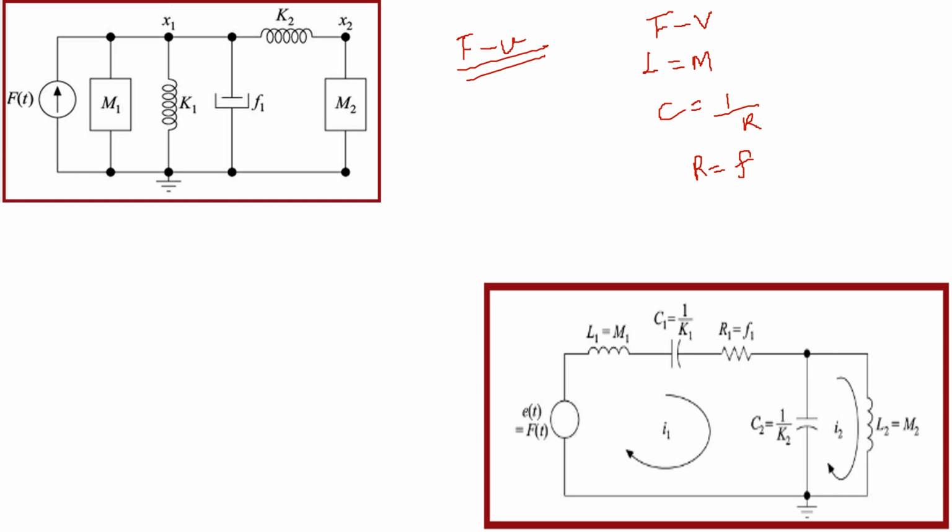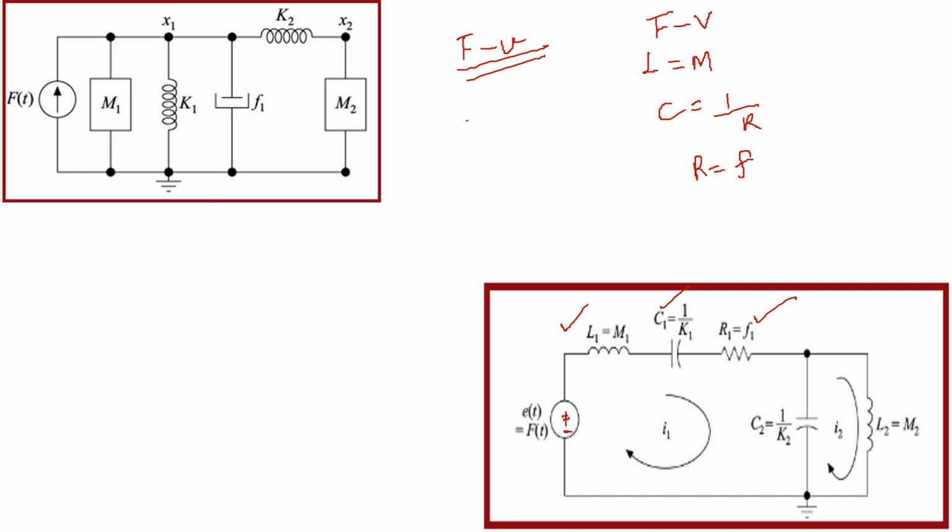Now I am going to apply. Here series elements are converted into parallel and parallel connections are converted into series. For F(t), I am going to put E(t) first, and this is the voltage. And next L1 equal to M1, and next connected in series with K1, that is C1, again in series with f1, that is equal to R1.